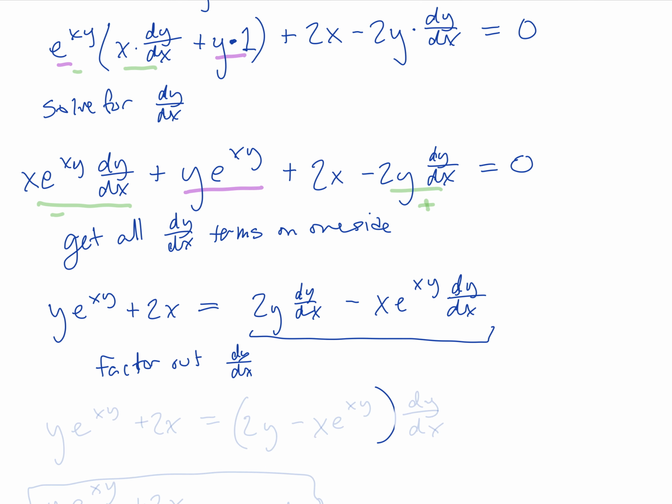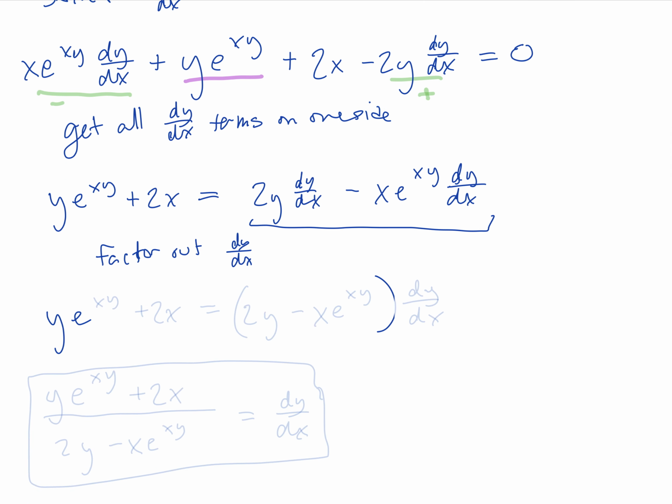So we've got y e to the xy plus 2x is equal to 2y minus x e to the xy. Each of those terms is multiplied by dy/dx. And now we can divide by the multiple of dy/dx to get dy/dx by itself.